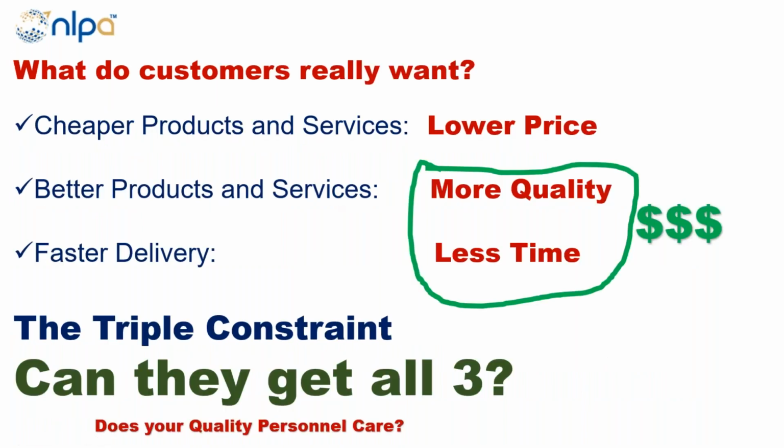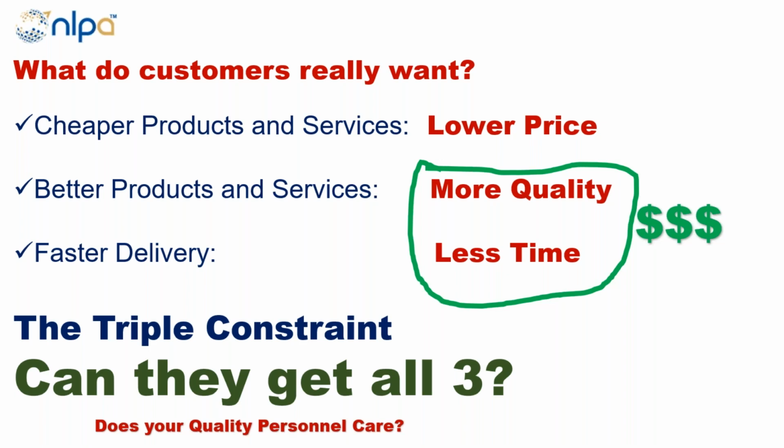So what do customers really want? The better we as procurement professionals and supply chain practitioners understand and get into the heads of our customers and understand really what they want, the better we'll be at executing our functions.